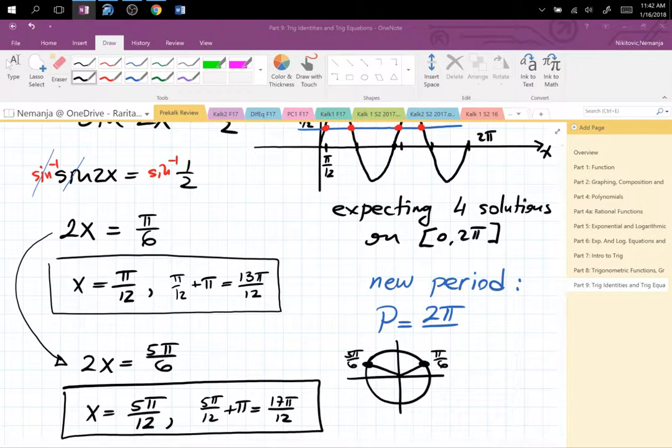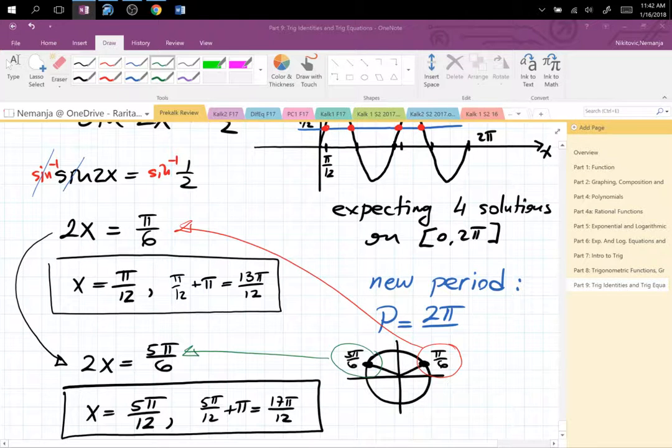So maybe I should somehow, let's do this. So pi over 6 is that one, and 5 pi over 6 is this one. So we still use the basic solutions, ignoring the 2x case, and then we deal with the 2x.